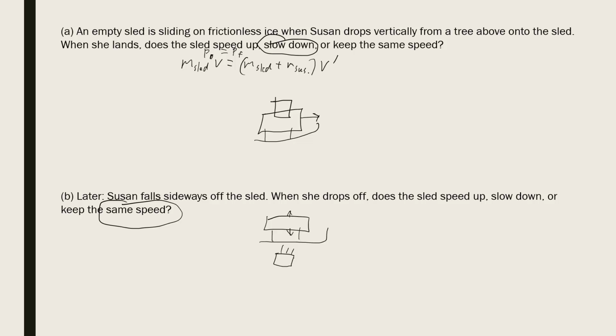But there was no force forward or back, so that's not going to change the speed of the sled. And in fact, when she first rolls off, she's going to keep moving in the same direction that the sled was moving. Until she hits the snow, then she's going to transfer some of her momentum to the snow and slow down and stop. But the sled will just keep going in the absence of any friction.